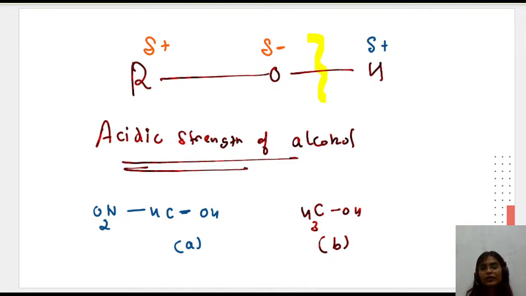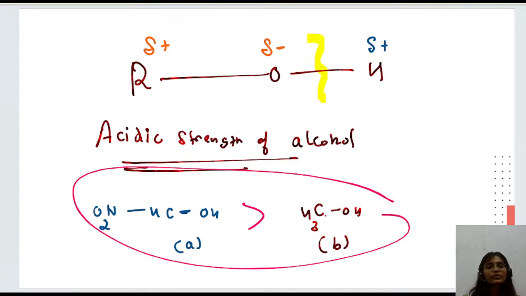Yes, you're right. Very good, Mini and Niharika and Darshana. Option A is correct. This one has the maximum acidic strength.